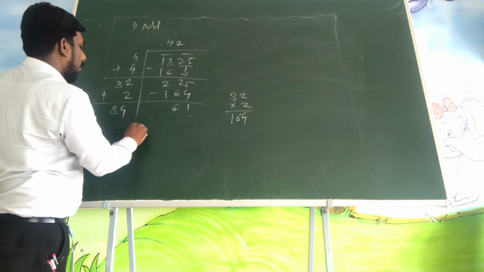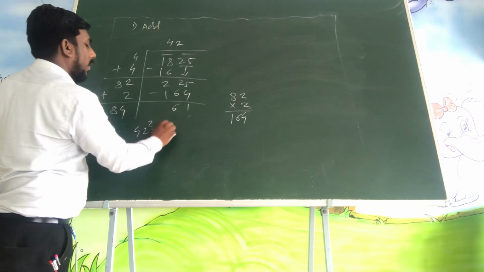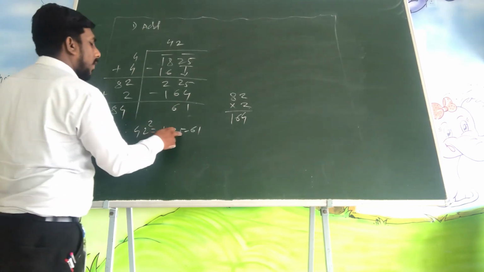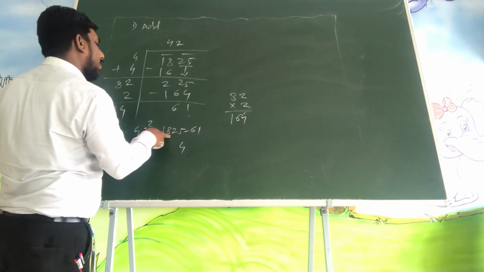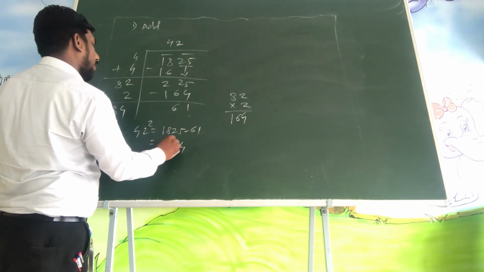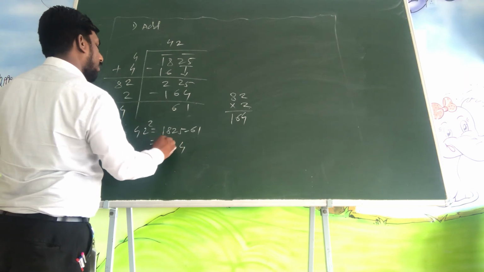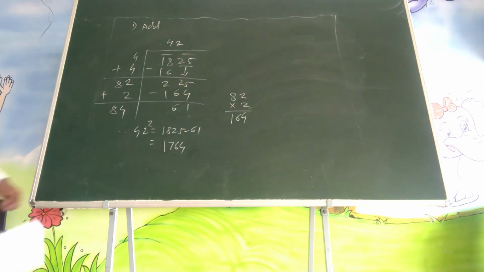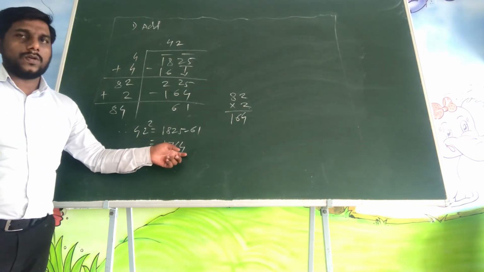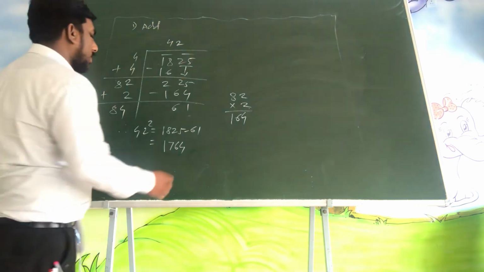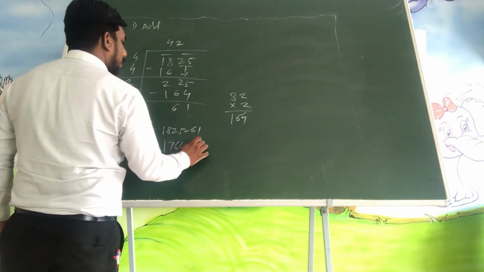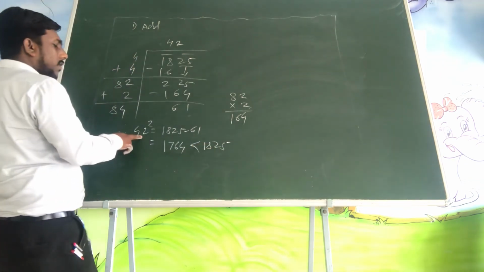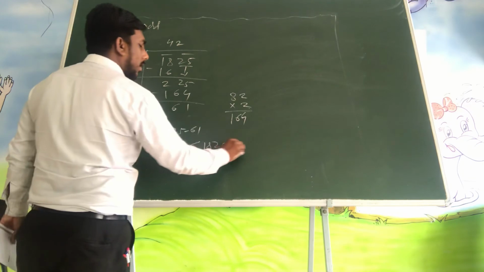So therefore 42 square is equal to 1825 minus 61, which is 1764. So here we got 1764, which is less than 1825. So after 42, which is the greater number?